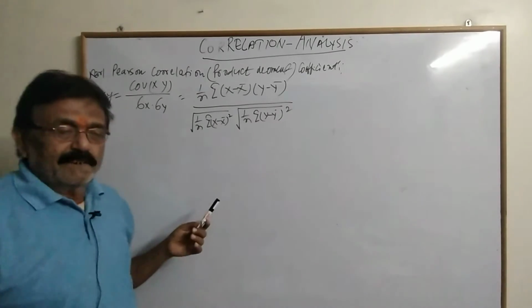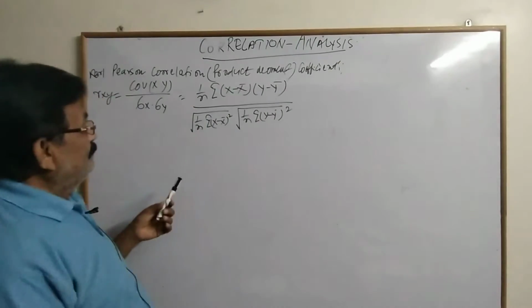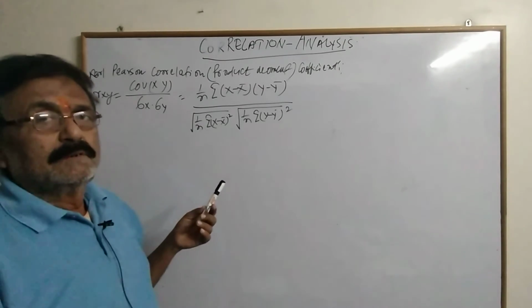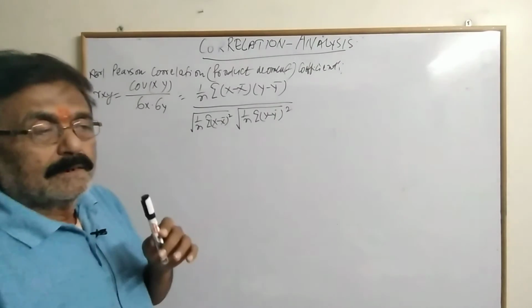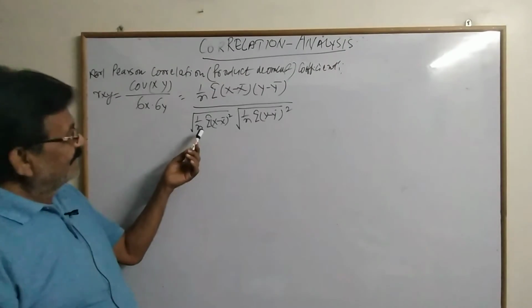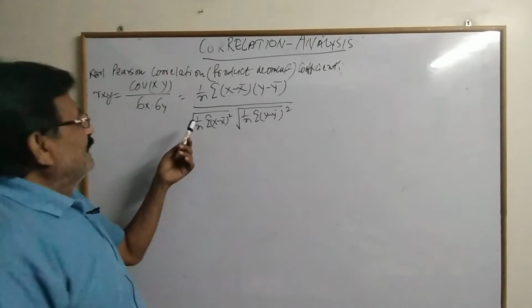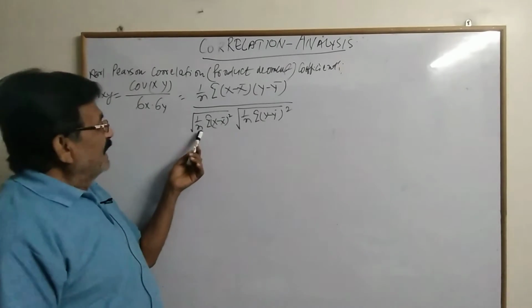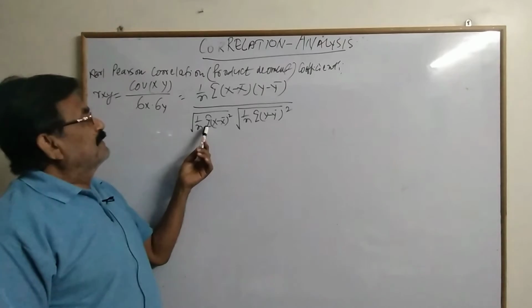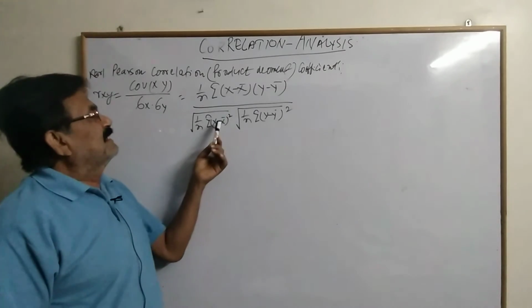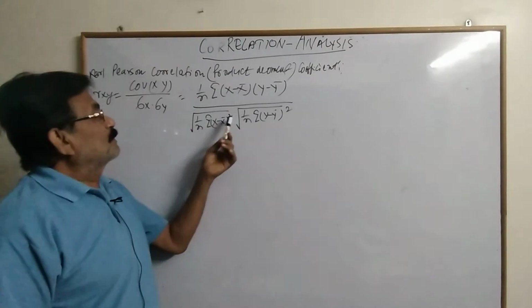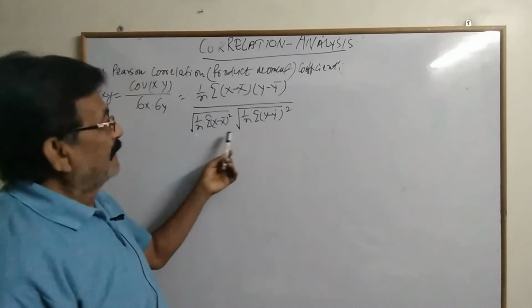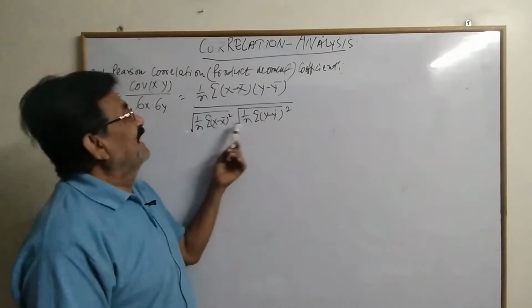Standard deviation is defined as the positive square root of the arithmetic mean of the sum of squares of deviations from the mean. Exactly, this is the standard deviation of x and y.